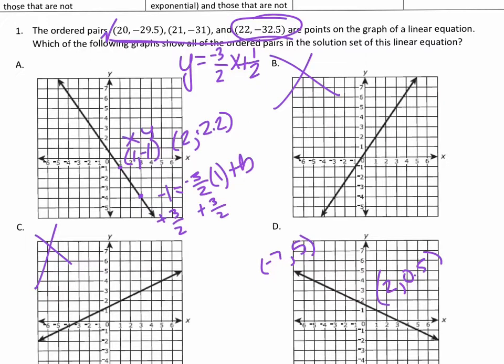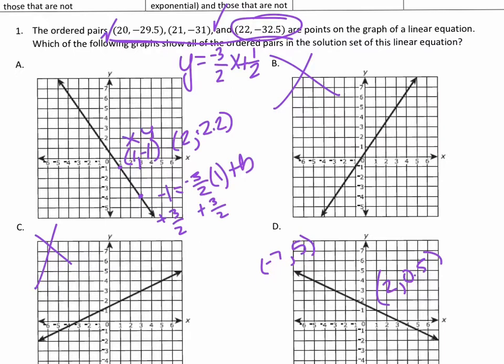So number 2, x is 21 times negative 3 over 2, 3 divided by 2, and then add 1 half gives me negative 31. So the second one is correct. Don't give up now, because you never know if that third point will be wrong, even though it shouldn't be.